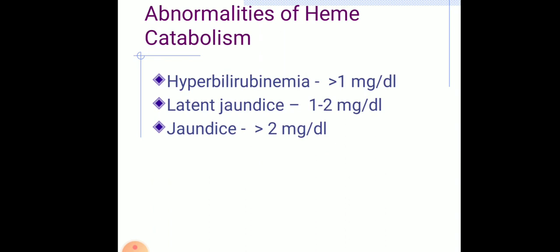If it is 1 to 2 milligram per deciliter, it is also known as latent jaundice. If it is more than 2 milligram per deciliter, it is jaundice. Okay. So, if it is more than 1 milligram per deciliter, it is known as hyperbilirubinemia broadly.